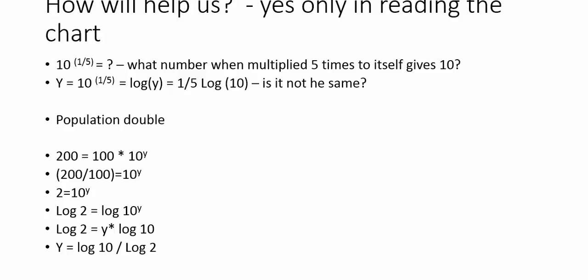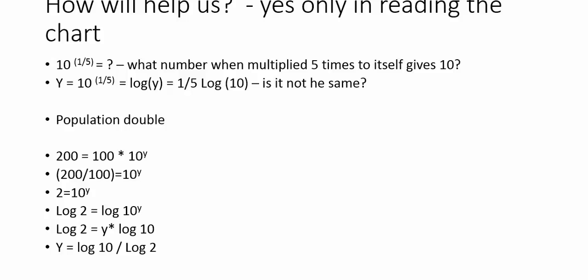So if that's happening, we have just written down the equation where we start with 100, and the equation of the population is 100 into 10 to the power y, and we would search this. Till the time when we get to this equation where we get 2 equal to 10 to the power y, we are asking in a way that 10 to the power what should give us 2.